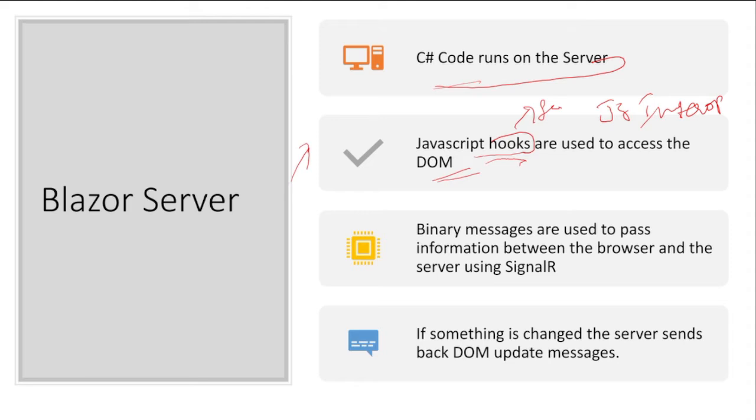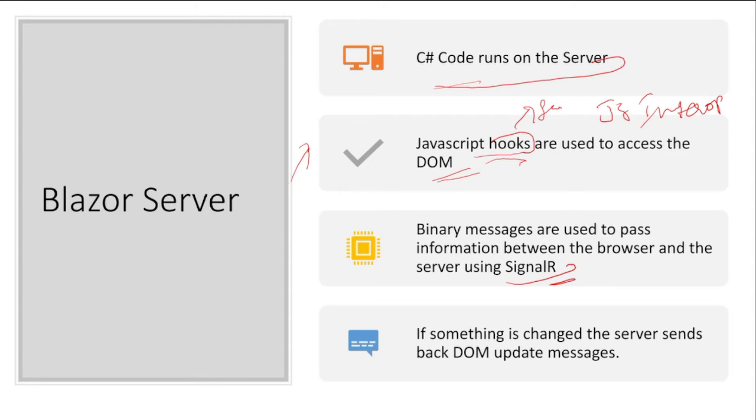If I have a Blazor Server application, I need to pass the information between the server and the client browser. In that case I need to use SignalR services. SignalR is nothing but a library. The main purpose of SignalR is passing the information between the browser and the server.